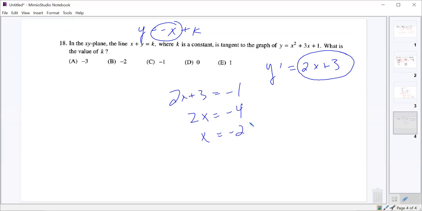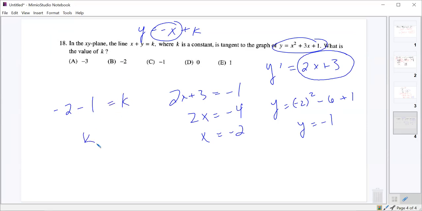And if x is -2, we should be able to figure out what y value corresponds to that. So y ought to be -2 squared minus 6 plus 1. So 4 minus 6 is -2 plus 1 is -1. So the point is -2, -1. And that tells us that -2 minus 1 equals k, or k equals -3.